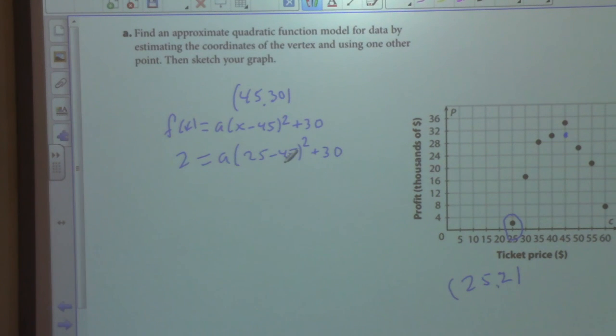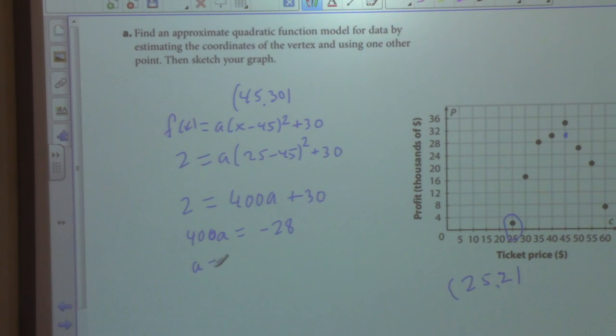And then what's 25 minus 45? Negative 20, right? So it's going to be 2 equals 400a plus 30. And so we subtract, we get 400a equals negative 28, right? Does that look right?